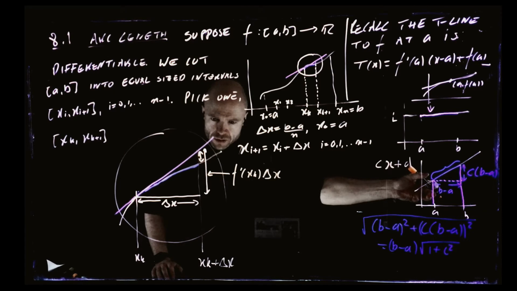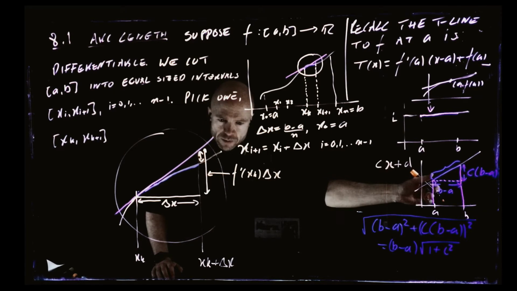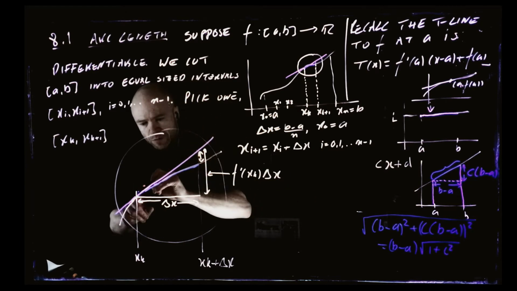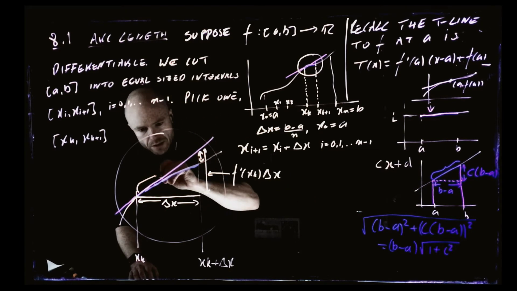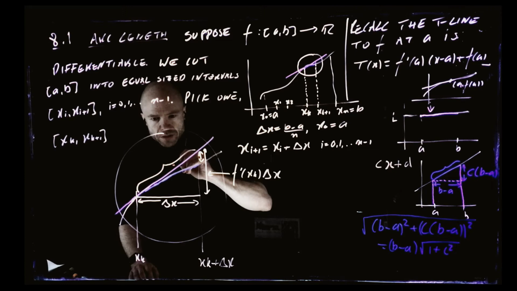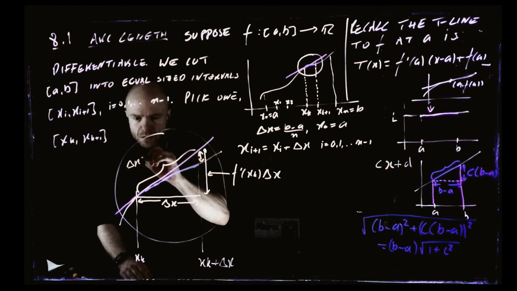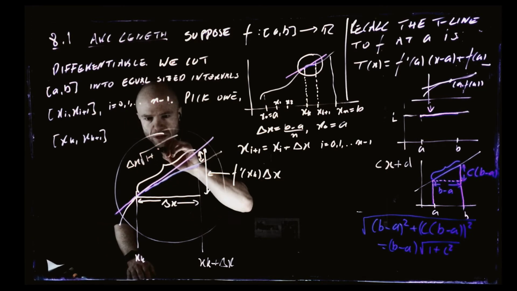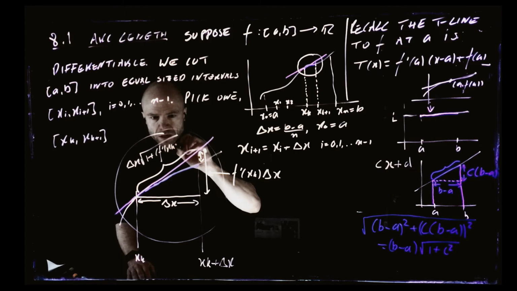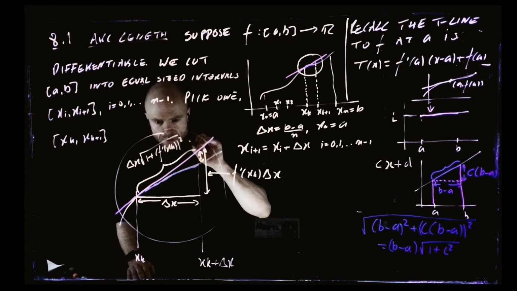Exactly the same reasoning. Yeah? Give me a thumbs up if you're with me. Cool. All right. So exactly the same reasoning again tells us that the length of the tangent line is given by delta of x times the square root of 1 plus f prime of xk squared. Yeah?